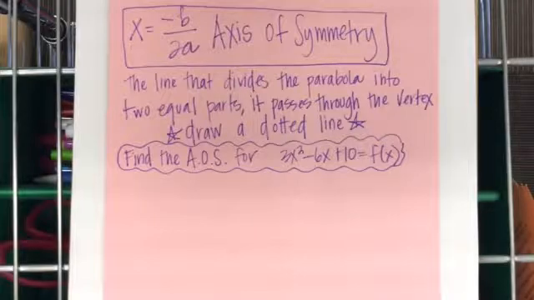Find the axis of symmetry for 3x squared minus 6x plus 10 equals f of x. I don't want you to graph it.